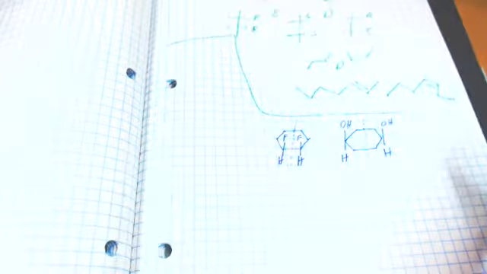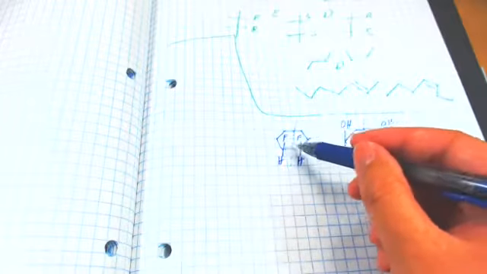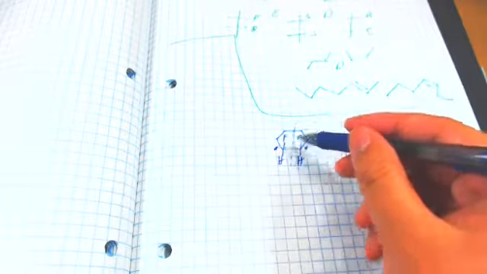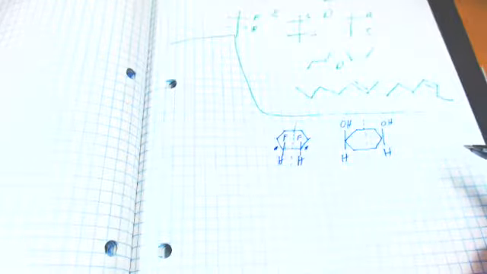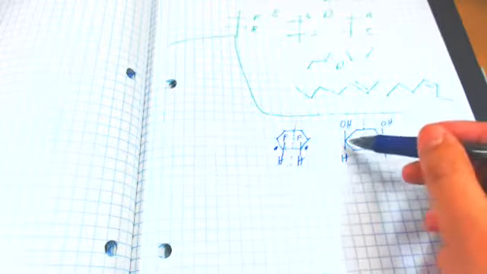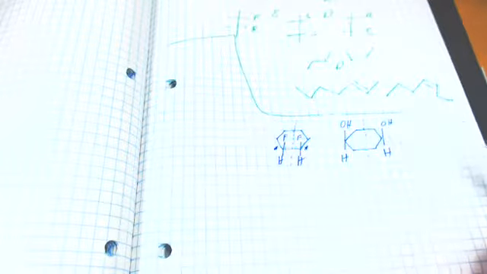Do both of them have chiral carbons? First off, this one does. It has 2: one here and this one here. Everyone okay with that? These 2 here are not chiral carbons. Can anyone tell me why?